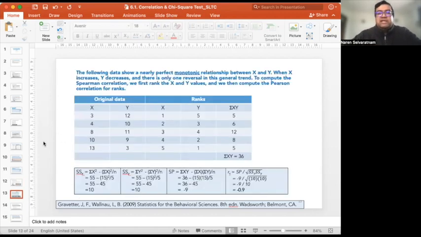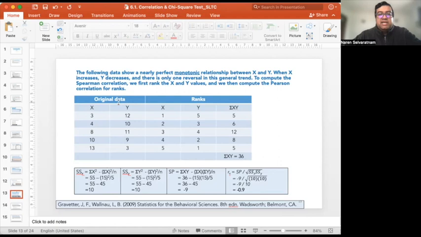Now, once again, I have demonstrated how to do a manual calculation here. This is your ordinal data. Unlike the Pearson, here you have to rank your data. Sometimes we call this rank correlation, because here you have almost a perfect monotonic relationship.